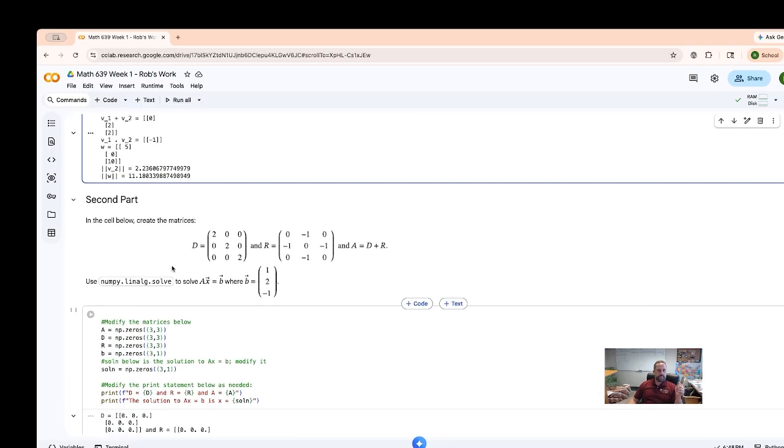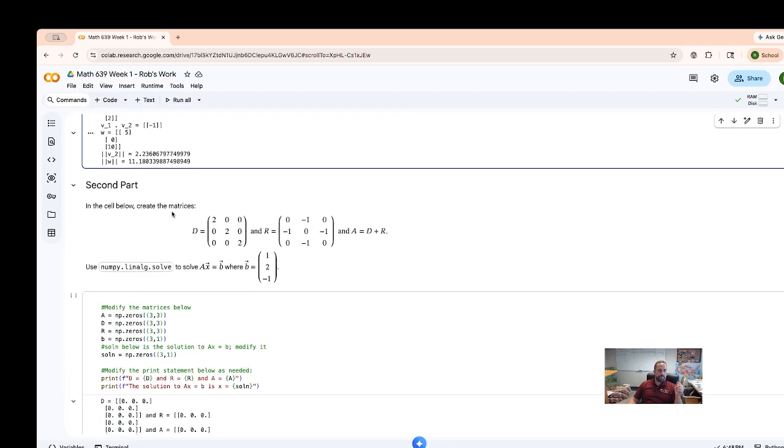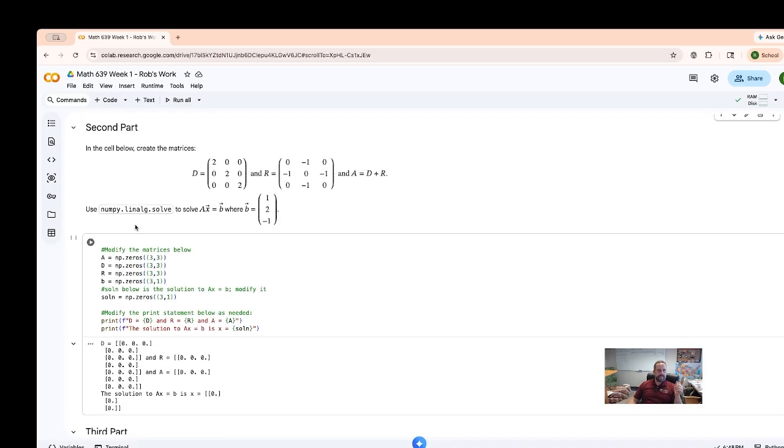Okay, so for the second part, we're going to create these two matrices. This is D, this is R, and A is going to be equal to D plus R. And then it says use numpy.linalg.solve to solve this equation right here.